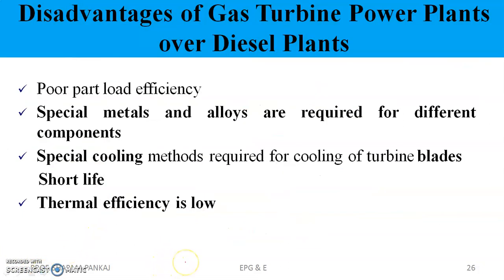Now, the next topic is disadvantages of gas turbine power plants over diesel plants. The first point is poor part load efficiency. The second one is that special metals and alloys are required for different components.